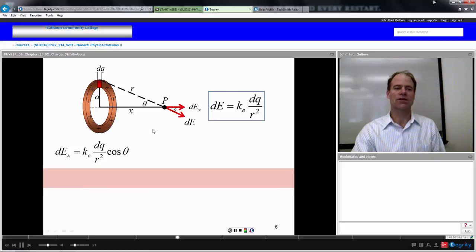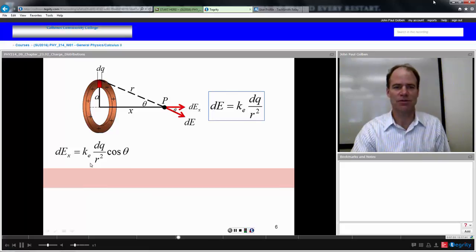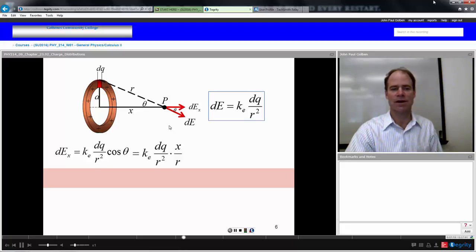So we're just going to look at the x components of these contributions, which will be k dq over r squared cosine theta. And if we look at this triangle, theta is this angle right here. Cosine of theta will be x divided by r.